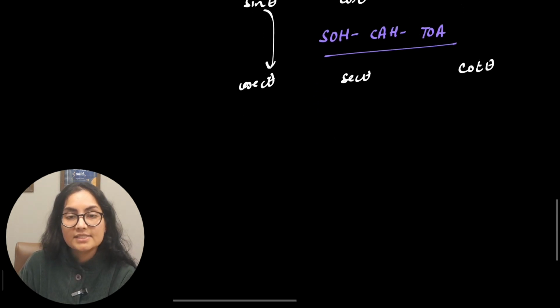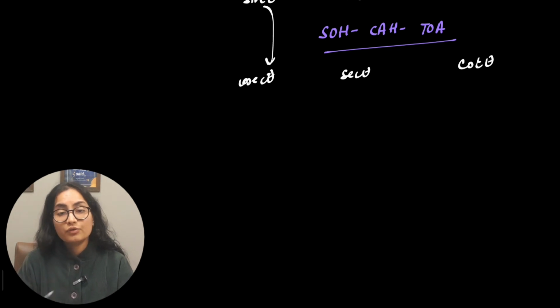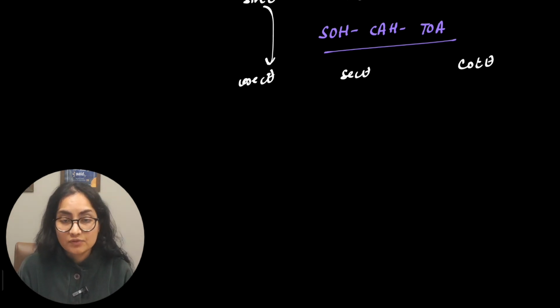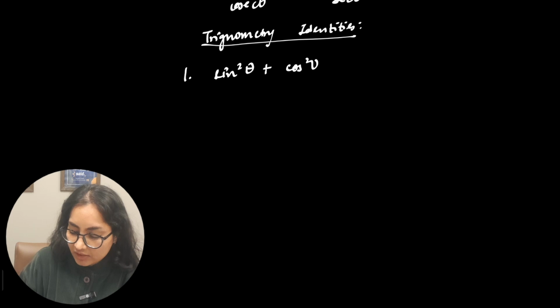Now we are going to study some trig identities which I recommend you remember because they are very useful. So let's study trigonometry identities. The first identity I recommend you learn or memorize is sine square theta plus cosine square theta is equal to 1.